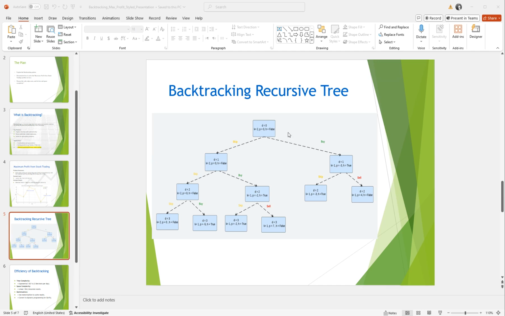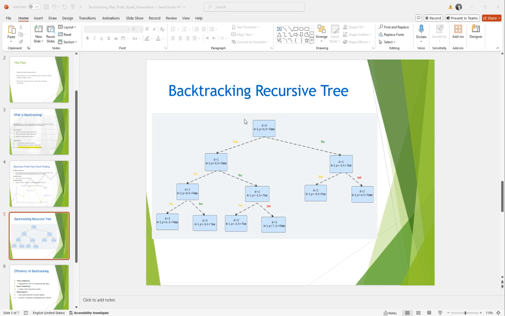So we hold only when we buy and we unhold when we skip or sell, like here. So these are the decisions we can make, either skip, buy, or sell.